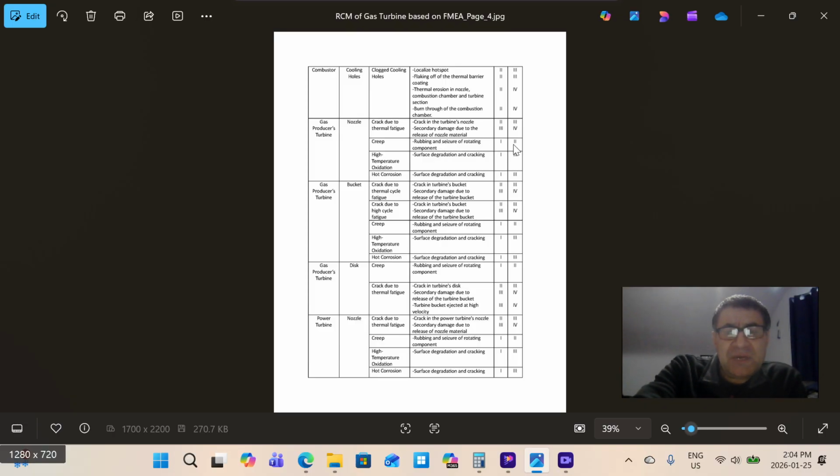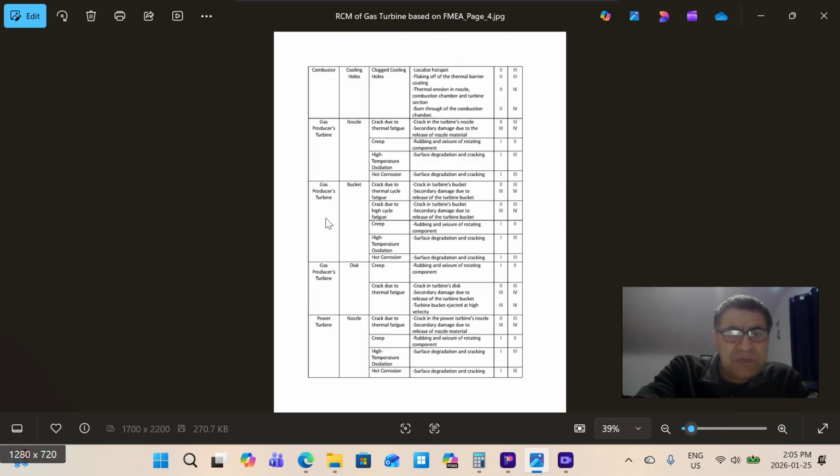But this is not a high probability of damage. Another failure mode, high temperature oxidation, because of the very high temperature, with surface degradation and crack as a failure effect. And again, this is unmitigated high probability.